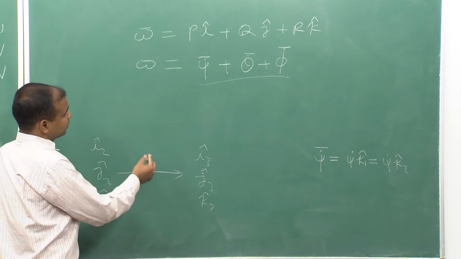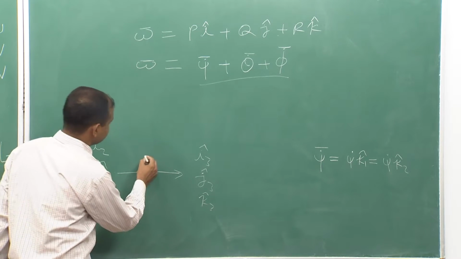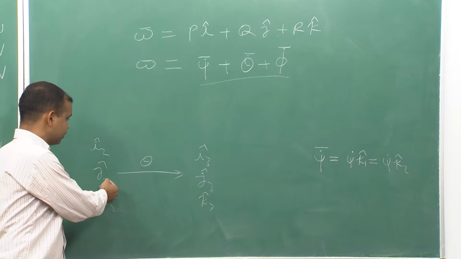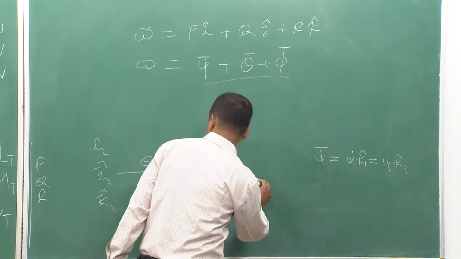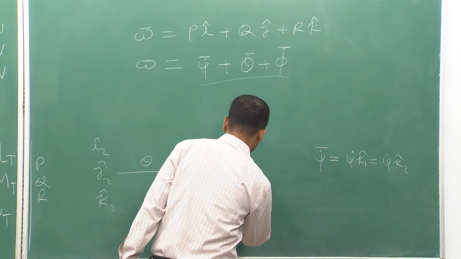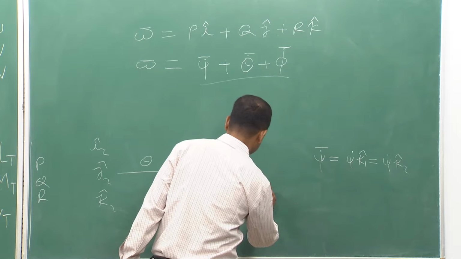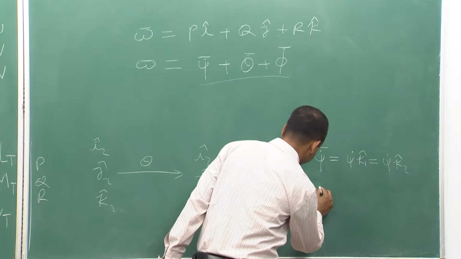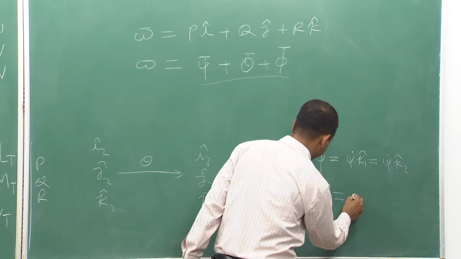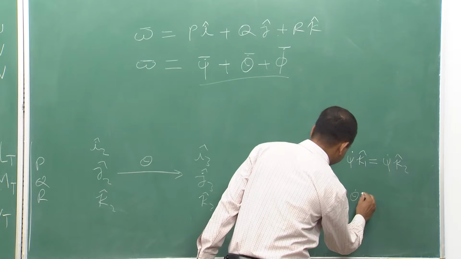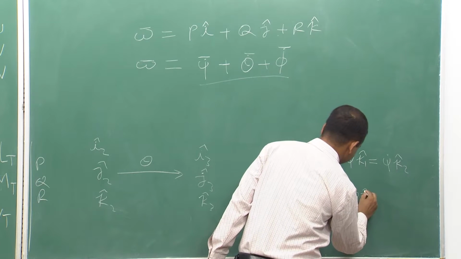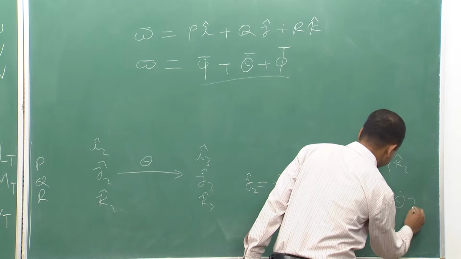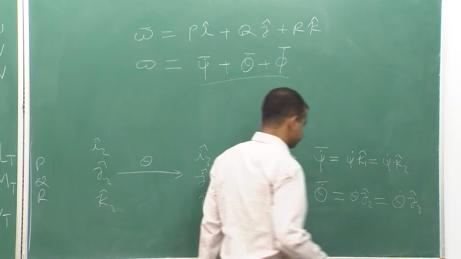From this rotation we got the theta angle, and we are doing this about the y axis, which means J2 and J3 are the same, and we can write the theta dot vector is equal to theta dot J2 or theta dot J3.